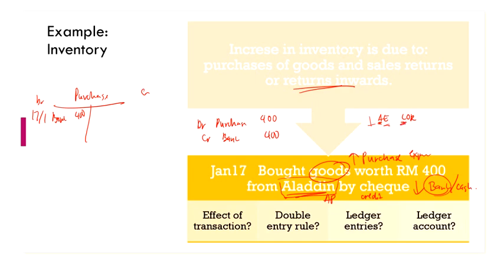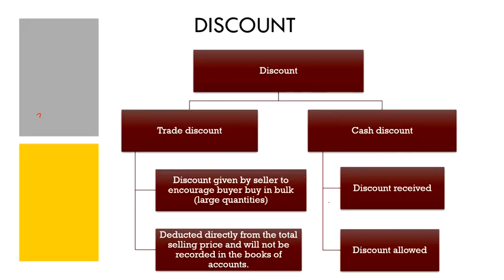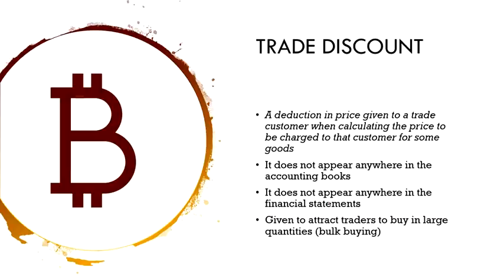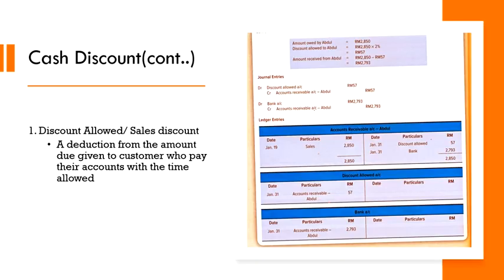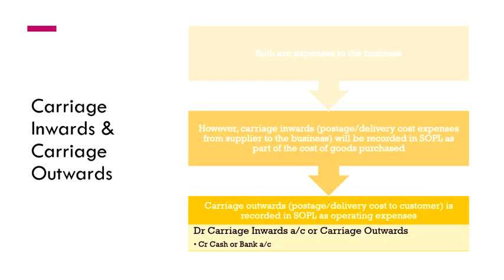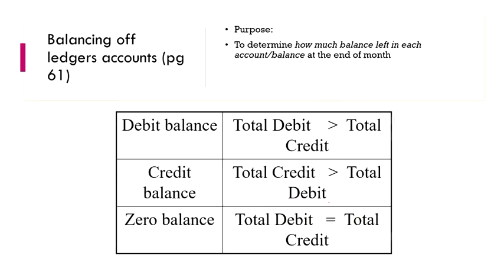Dia ni bukan kita punya liability sebab kita bayar dia. Okay? Tapi I just nak tunjuk lah, sebab kata goods kan, so dia ni comparable kalau kita beli secara kredit. Okay, so next, discount, trade discount, cash discount, carriage inward and carriage outward.